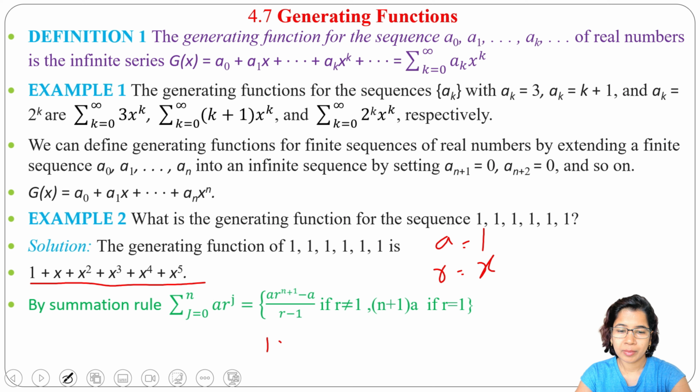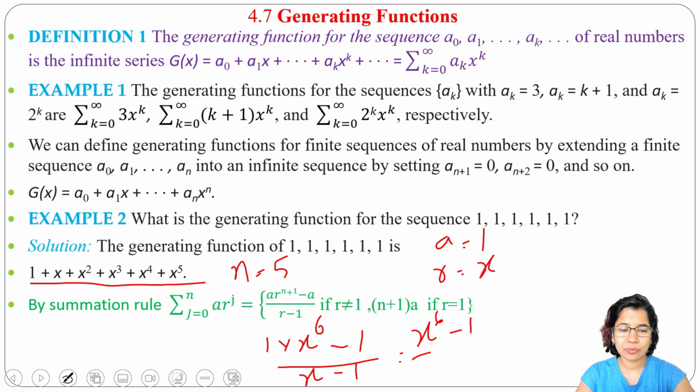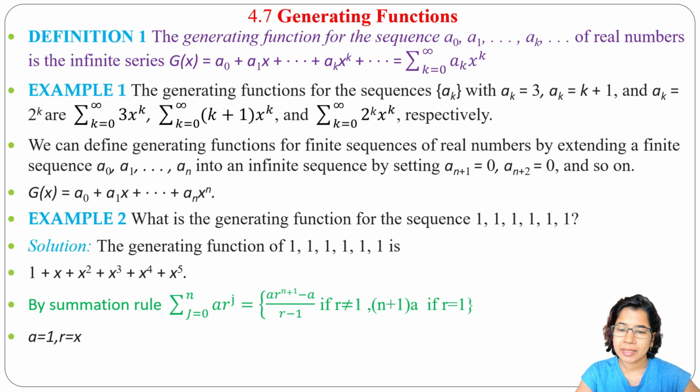So 1 multiplied by x^(n+1). What is n here? n equals 5. So n plus 1 will be 6, minus 1, divided by x minus 1. So it's (x^6 minus 1) divided by (x minus 1), right? So 1 plus x plus x^2 plus x^3 plus x^4 plus x^5 equals (x^6 minus 1) divided by (x minus 1).